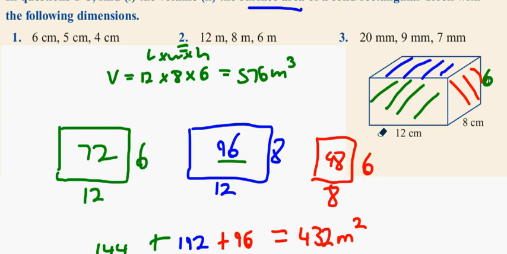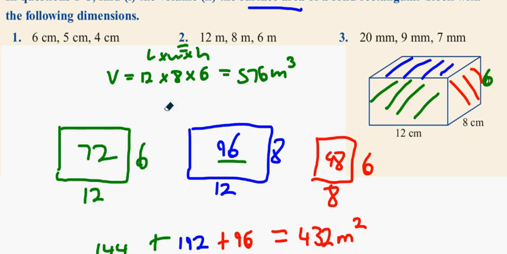So you break up each section, green, red, and blue, and you get the individual area of each one. Then you multiply it by 2 because there's 2 sides that are always there. Same 6 sides in total. Then you add them all up together and get 432 meters squared because it's area.